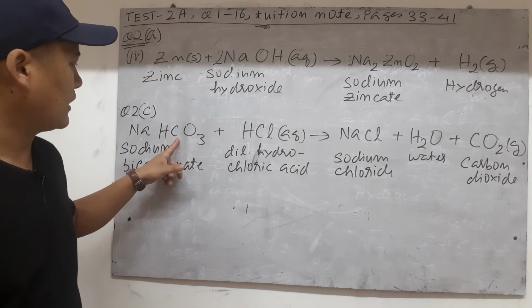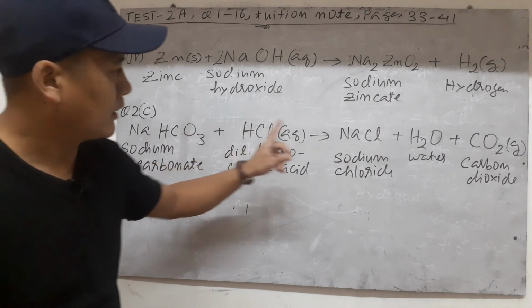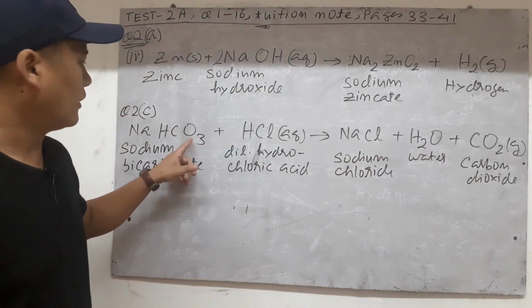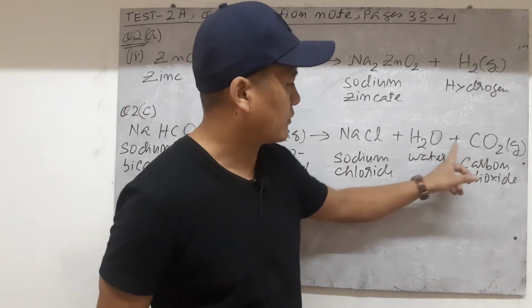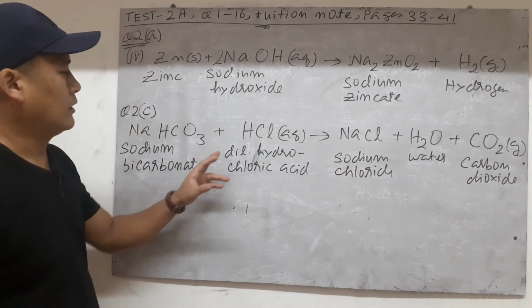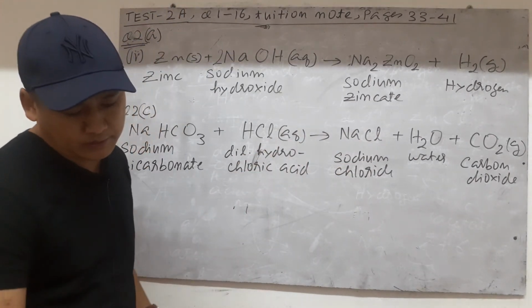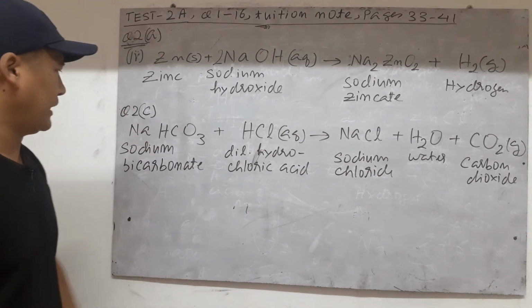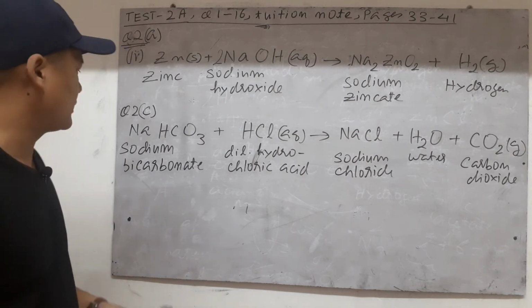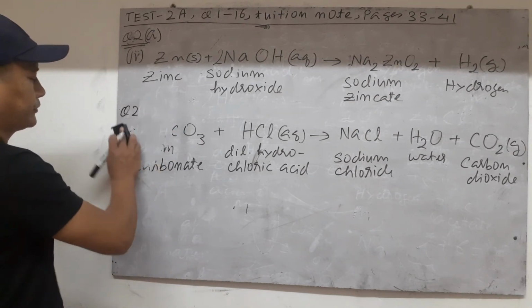Carbon on the left 1, here also 1. Oxygen is 3, then here also 2 plus 1, 3. Hydrogen is done, chlorine is 1, here also 1. So I think there is nothing to balance, this is already balanced. The last equation to balance is 2D, okay, and let's go there.